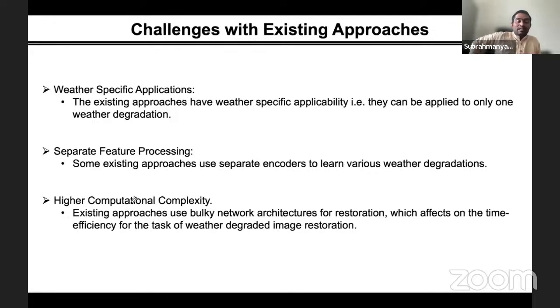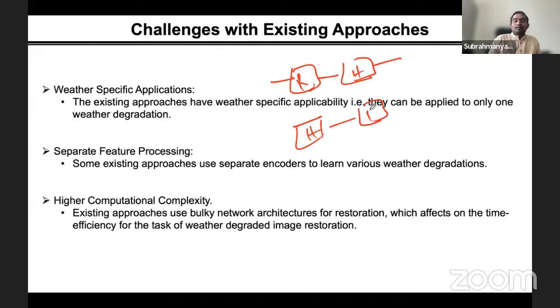So two algorithms are cascaded in that fashion, like rain removal followed by haze removal, or the other way, haze removal followed by rain removal. But working in a cascaded manner is always problematic. Overall accuracy will definitely decrease. Let's say if this is 90% accurate and this is also 90% accurate, the overall architecture is 81% only, because both are cascaded. So this is a big problem when we go for architectures in a cascaded manner.